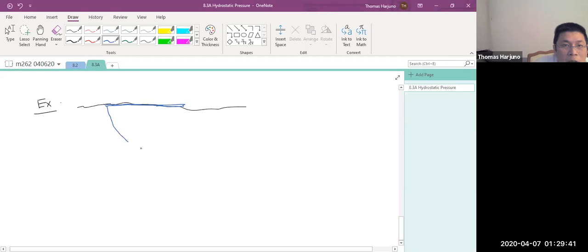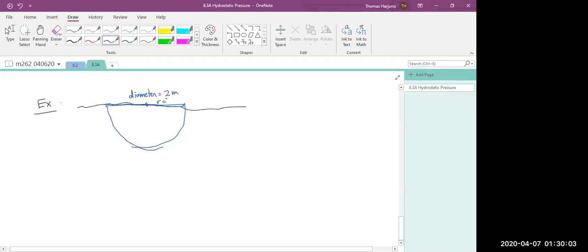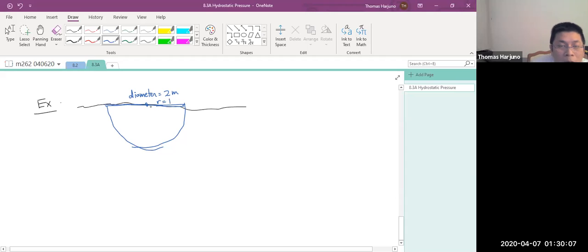A semicircle like this, and the diameter is 2 meters. So what is the radius? It's 1.